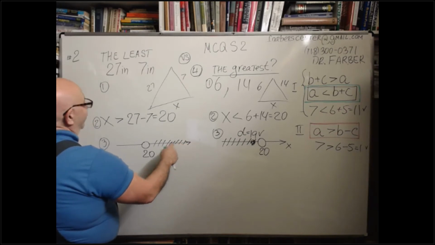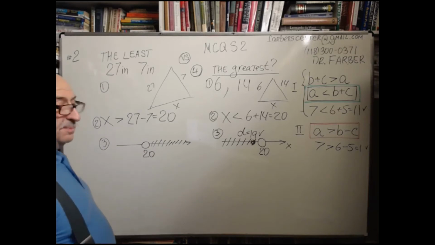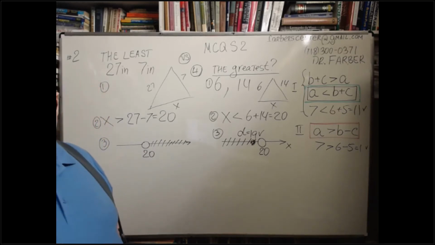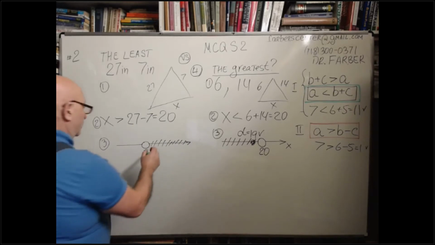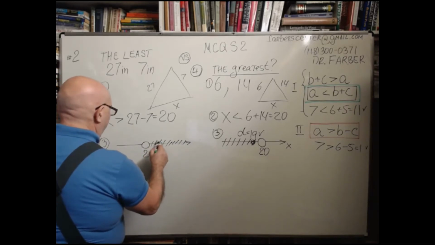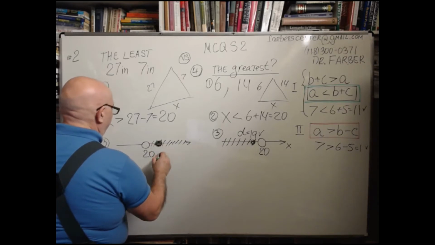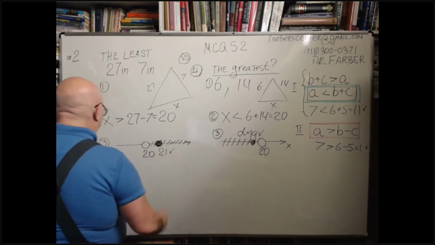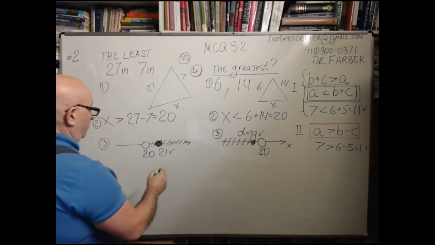But what is the least if 20 is not included? What is the least value? 21, bingo. I make it shaded, 21. Yes, this is B as in boy.